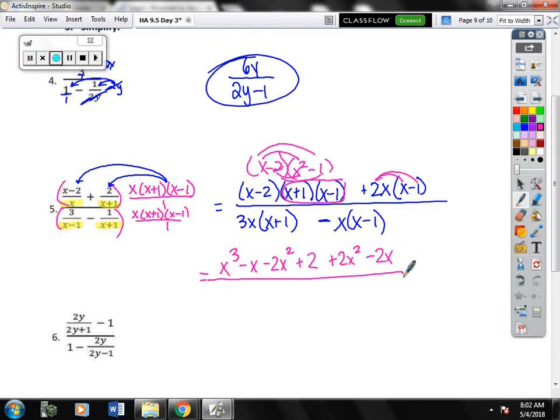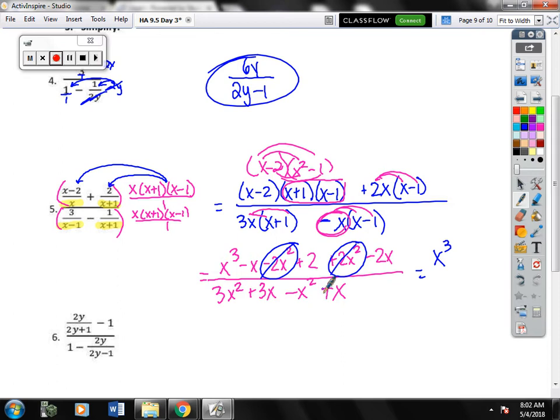In the denominator, we just have to distribute, so that's easy. And make sure you do distribute that negative with the x in our second set, so that'll give us a minus x squared and a plus x. And then just clean all of that stuff up to find your final answer. So we should have x cubed minus 2x squared plus 2x squared.